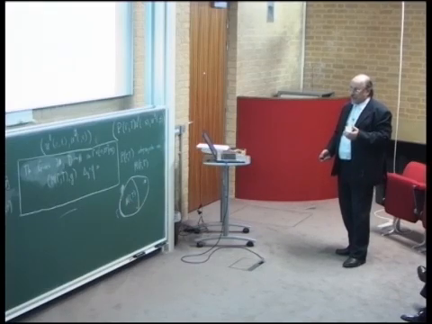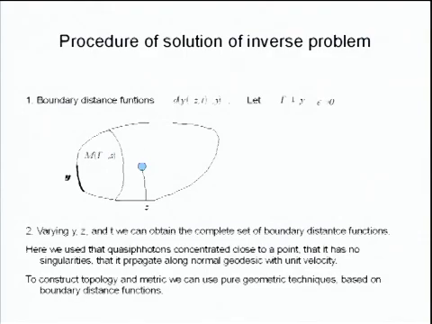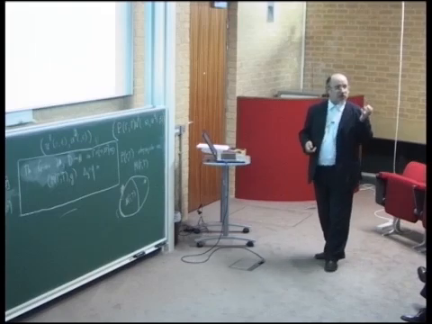This is the set of points with distance to a section of the boundary less than t. It's also a geometrical object. Now the boundary distance function is also a geometrical object. And after we found the boundary distance function, all other things are more or less geometrical.